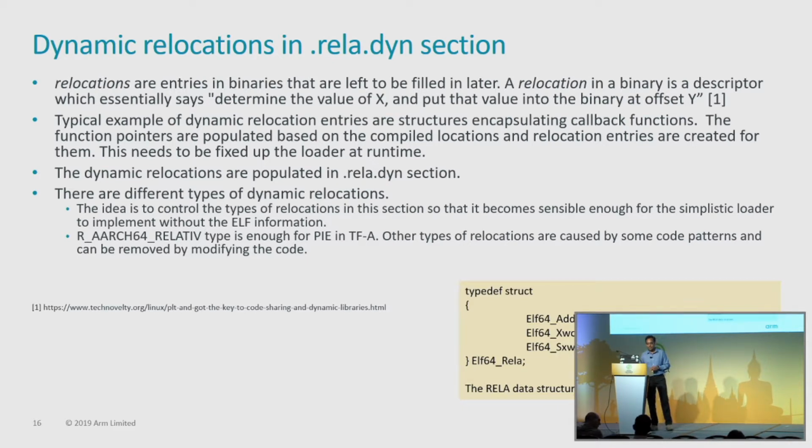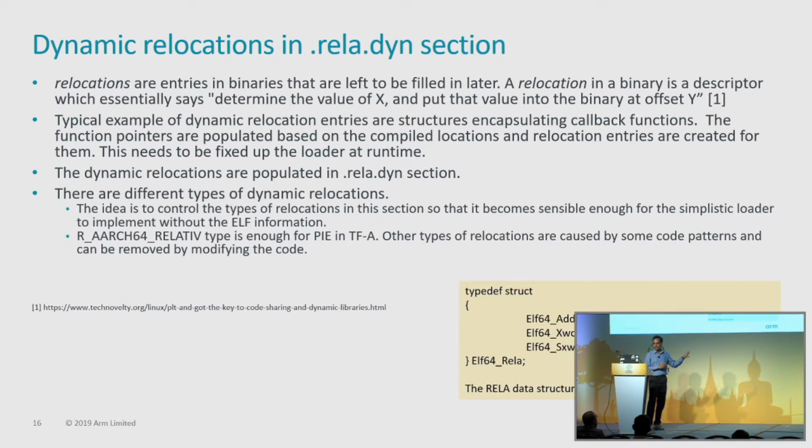We found that there is only one type you need to typically handle, which is the AARCH64 relative type. There may be other types created by the linker, but we found that it's due to some exotic code patterns in your code, and by changing the code, you can change that relocation type. I have some examples in the backup slide, so if you're interested, I can discuss it later on.